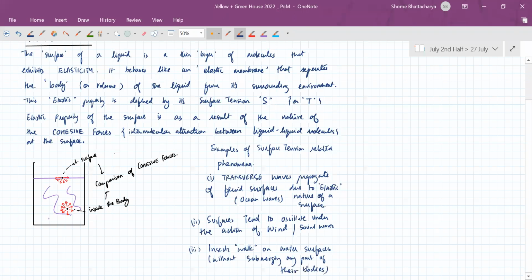In this case, their body weight is balanced by the elastic forces that the surface is able to apply, because it is flexible, elastic in nature, like a thin rubber sheet or elastic membrane.